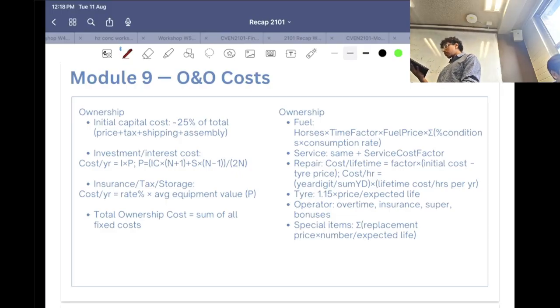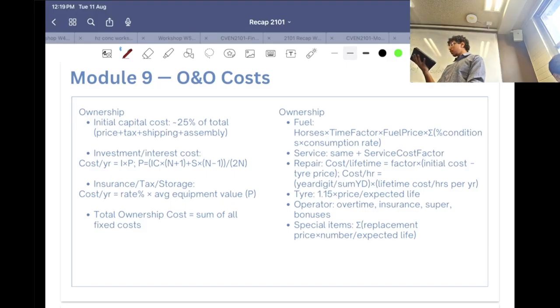The actual occupation cost, so actually using them: your fuel is based on your horsepower times the time factor times fuel price with all the conditions consumption rates. Our service is essentially the same plus the service cost factor, right? Our repairs are just what they do is they estimate how much repairs you would need, and they just do that over the total lifetime.